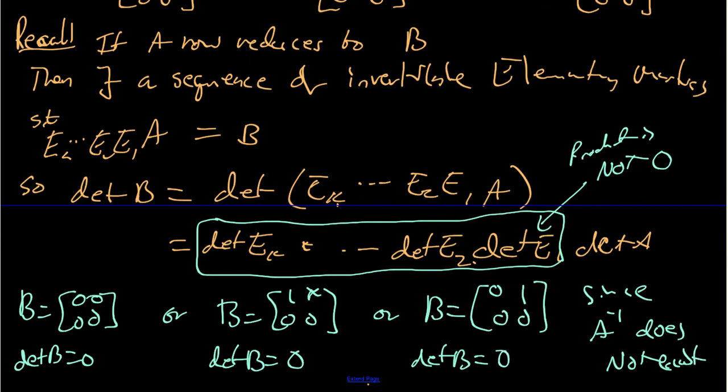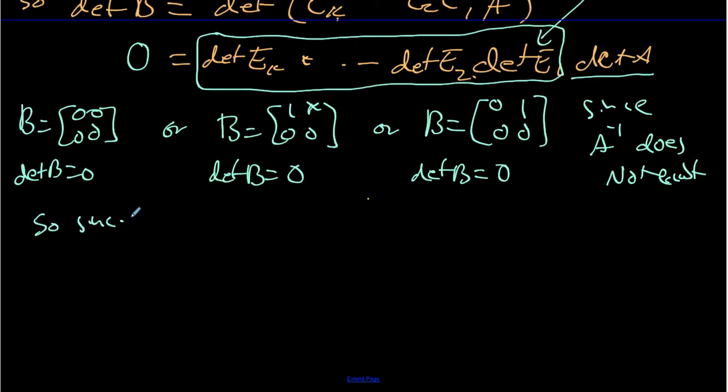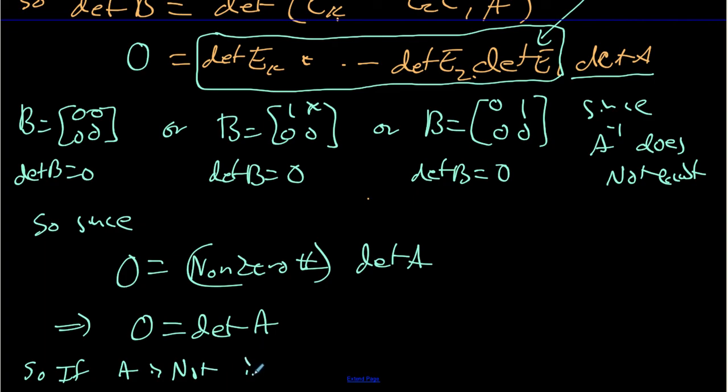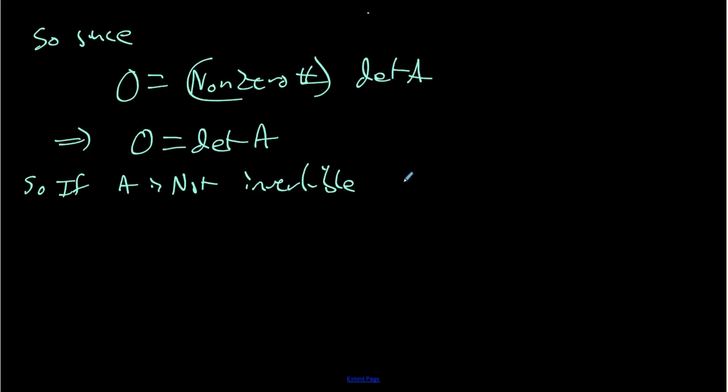And consequently, what we have now is a 0 on this side of that equation, from the determinant of B, is equal to some non-zero number times the determinant of A. Well, since we now have 0 is equal to a non-zero number times the determinant of A, that forces 0 to be equal to the determinant of A. And consequently, what we've now proven is if A is not invertible, then the determinant of A is equal to 0.